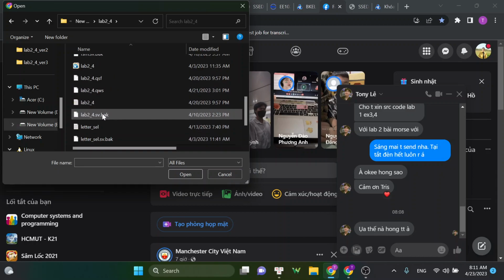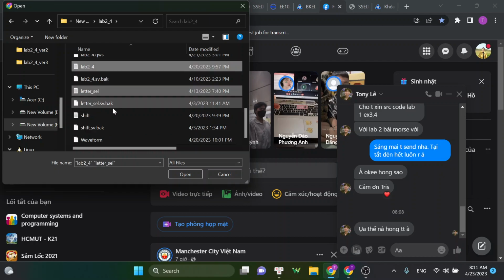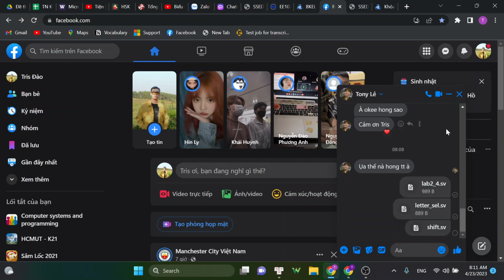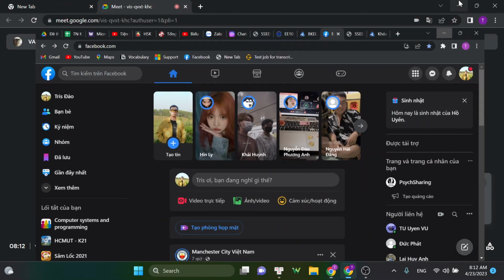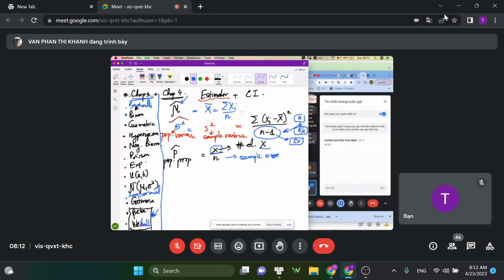And n here is the sample size. So you take 1,000 people and you count the number of people that have property x. So it's x, and x over n is the sample proportion. We use this to estimate the population proportion.